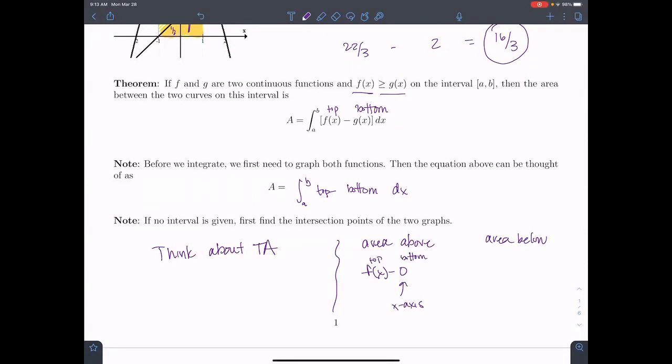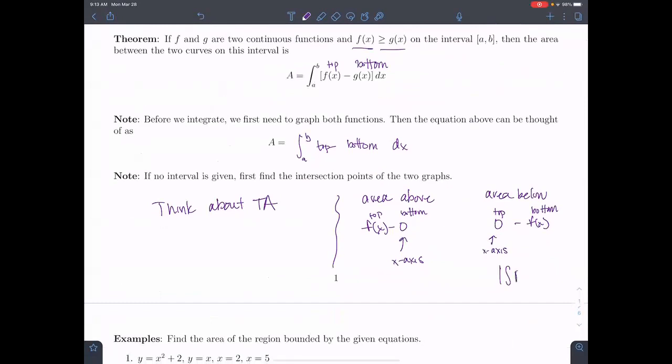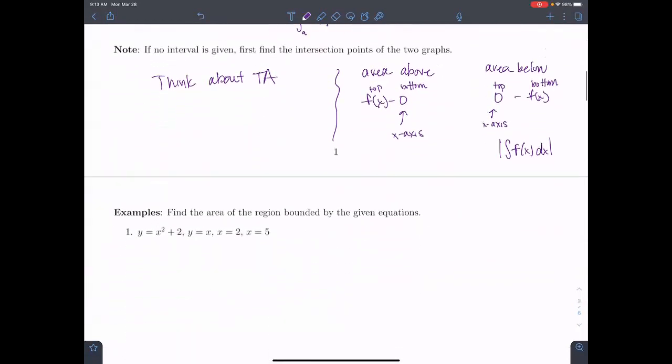Or for the area below, you do top, which is the x-axis, minus bottom, which is f of x, sorry, that should be an f of x there. Top minus bottom, and that gave you the absolute value of the integral because it was the negative of that negative area. So this is the same kind of idea. You want to look at the graph and that'll help you decide what to do.